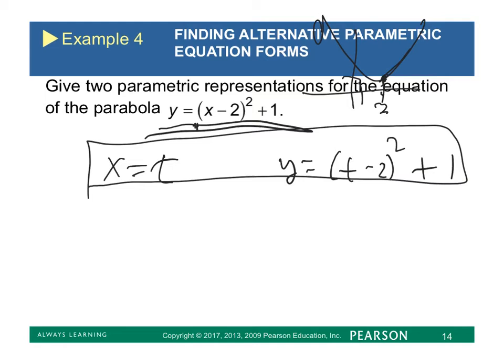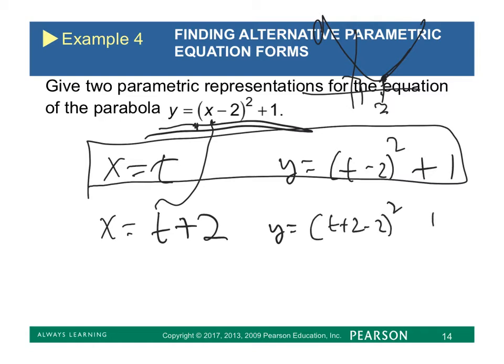Now, you could be fancy. You could say, let x equal t plus 2. I'm just picking that because if I plug this into here, I'm going to cancel that out. So that gives me y equals (t plus 2 minus 2) squared plus 1. That gives you t squared plus 1.